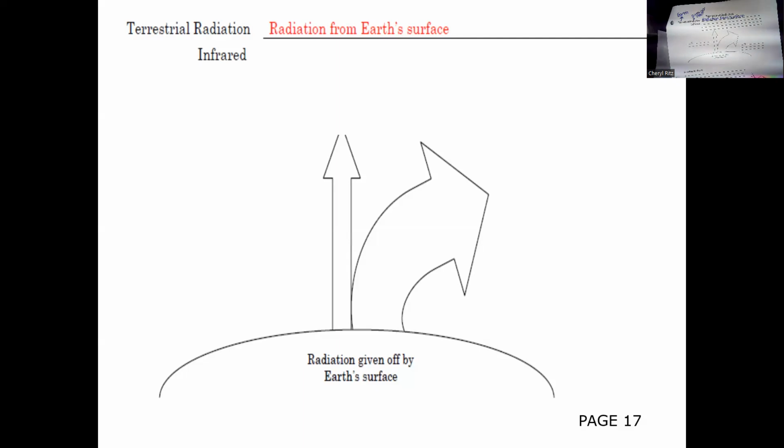And underneath that is the word infrared. When have we heard that word already this chapter? Infrared right here is part of the electromagnetic spectrum. Do you remember what infrared waves are?